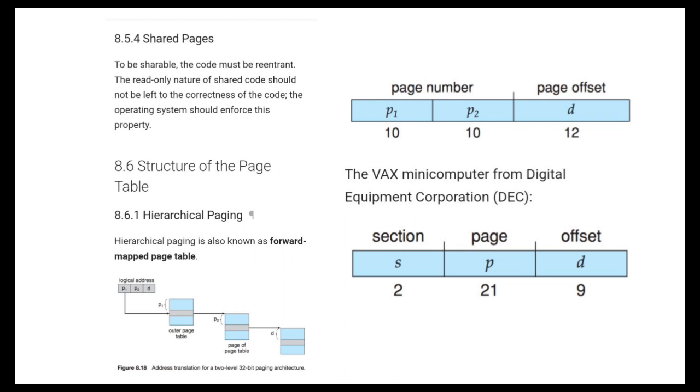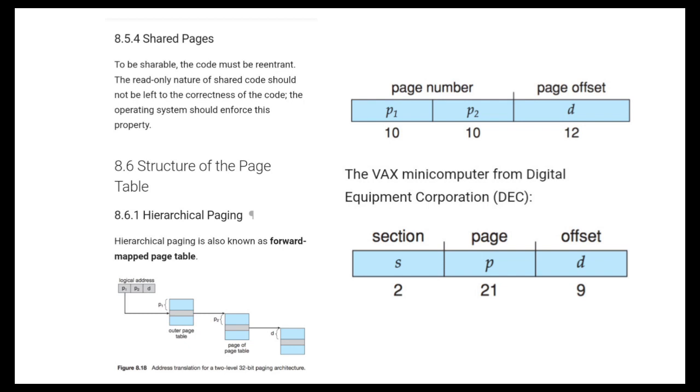For example, the 20 bits described above could be broken down into two 10-bit page numbers. The first identifies an entry in the outer page table, which identifies where in memory to find one page of an inner page table.